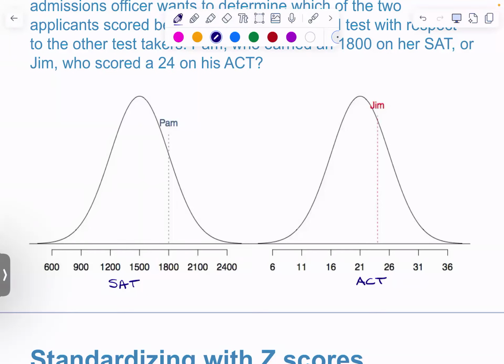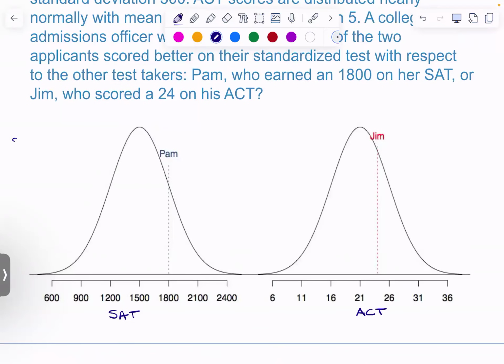Too stressful, maybe. We're told that the SATs, just practicing our notation, follow a normal distribution with a mean of 1,500 and a standard deviation of 300.